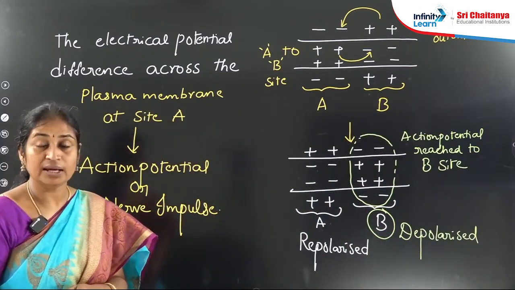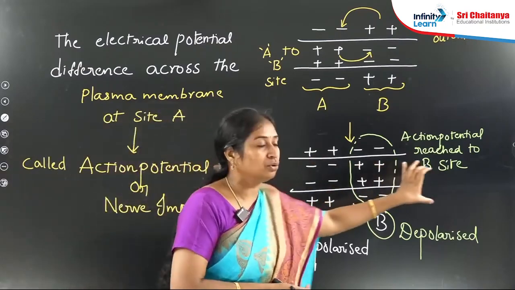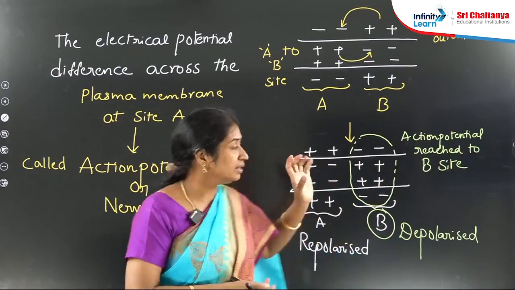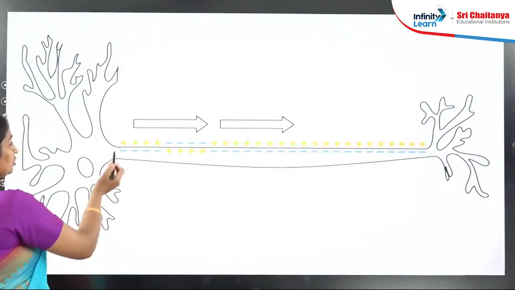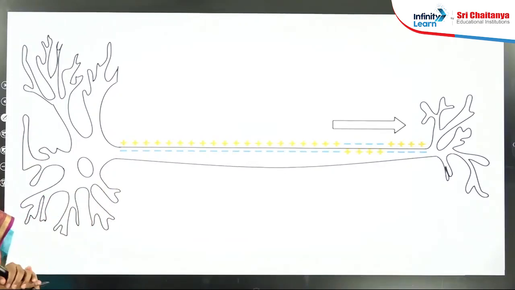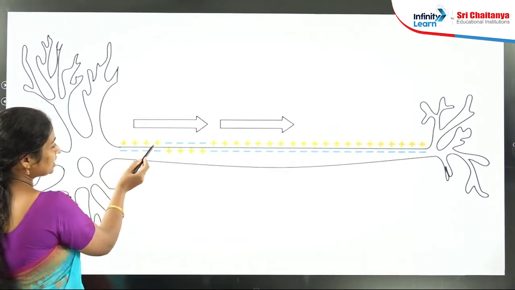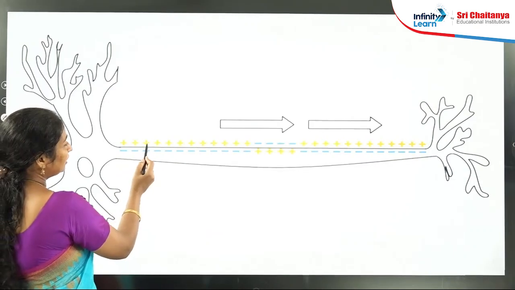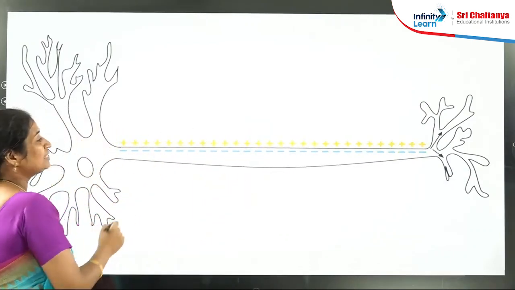In the same way, the mechanism will continue throughout the neuron membrane. The same thing will happen. Just observe here, earlier it was positive charges outside because it was in the polarized state. Because of the stimulus, the positive charges have become negative, and later the action potential passes from one side to another.